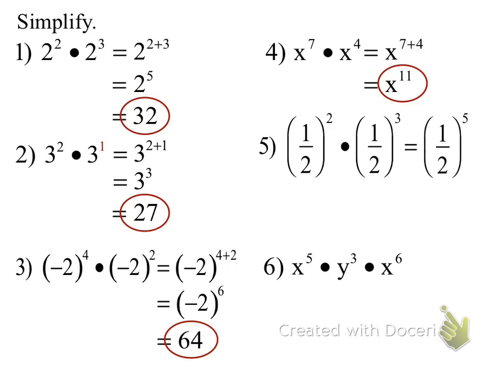Now let's multiply that out. 1 times 1 times 1 times 1 times 1 is 1, not plus. So the numerator will be 1, and the denominator will be 2 times 2 times 2 times 2 times 2. 2 times 2 is 4, times 2 is 8, times 2 is 16, times 2.